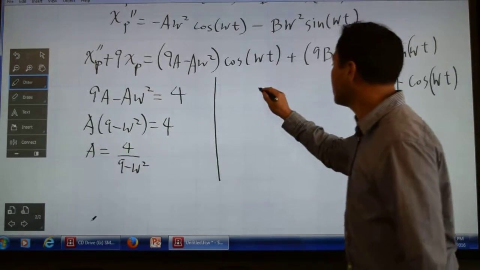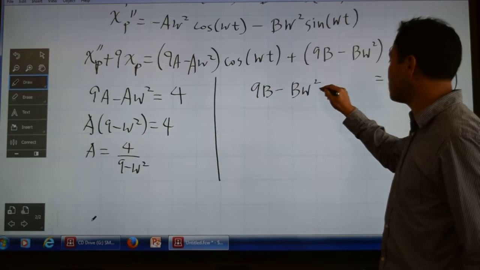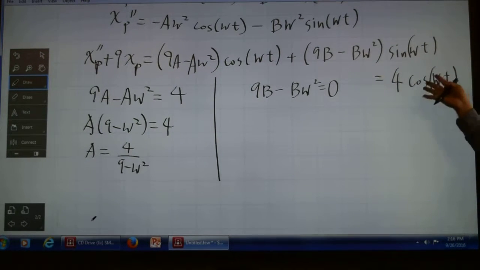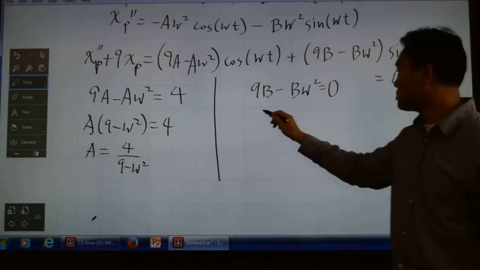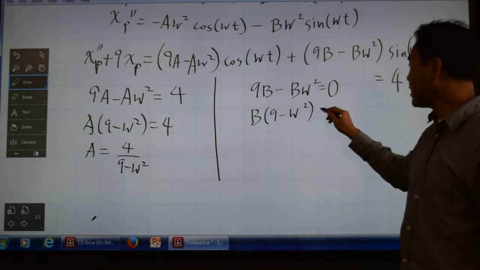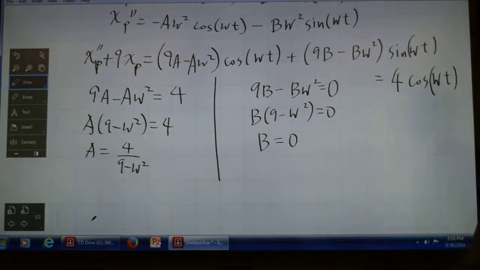Whereas 9B minus Bw squared should be 0, because there's no sine at all. There's only cosine. If I factor the B out and divide, I get B equal to 0. So A must be 4 over 9 minus omega squared, and B should be 0.